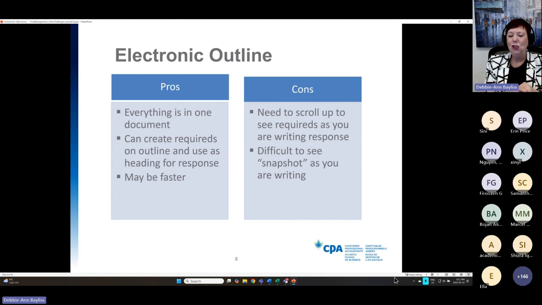Again, let me show you the best practice. I will tell you that this is something that has been shared for many years, and it's been shared by candidates who have successfully passed each of the module exams, and they have successfully passed CFE the first time. So again, this is from the candidates.